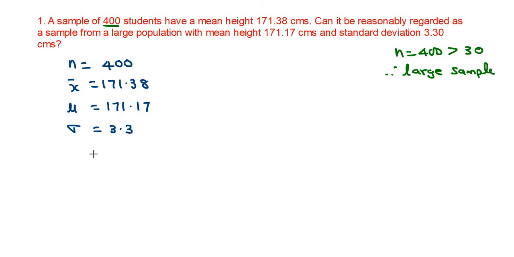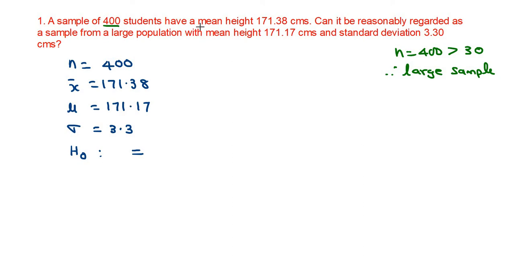So after writing the given data, we are going to write the H0. Actually, it is a null hypothesis. That is, there is no significant difference. It means H0 is no, nothing, there is no difference. So it should be always equal to. H0 should be always equal to. Something should be equal to something. This value must be the population parameter.